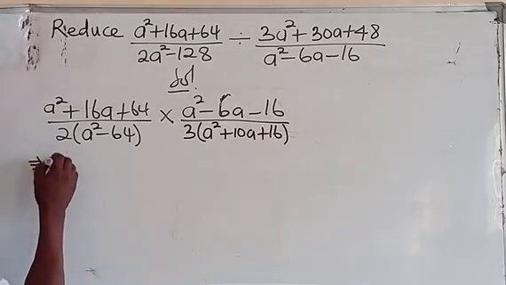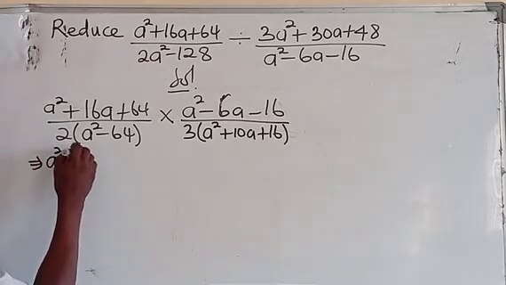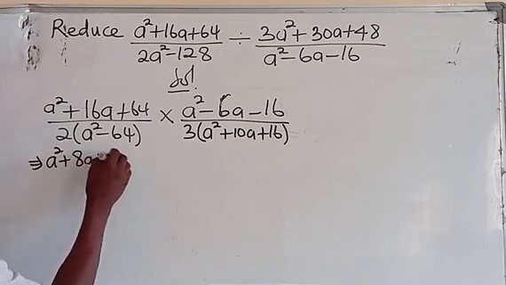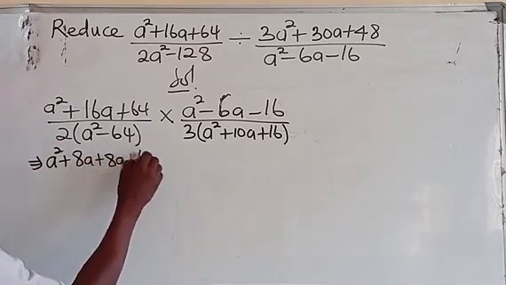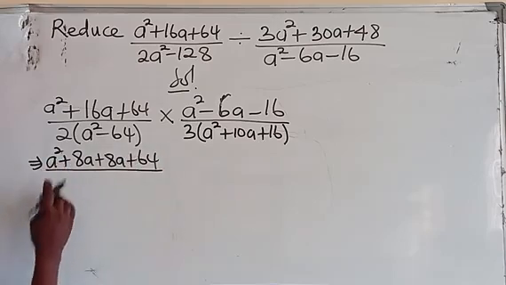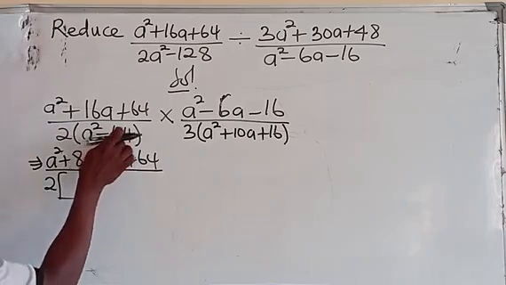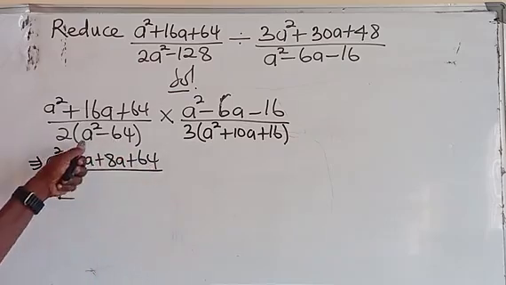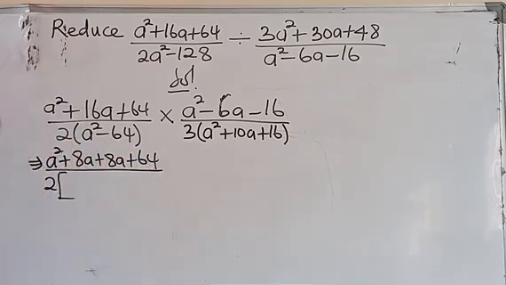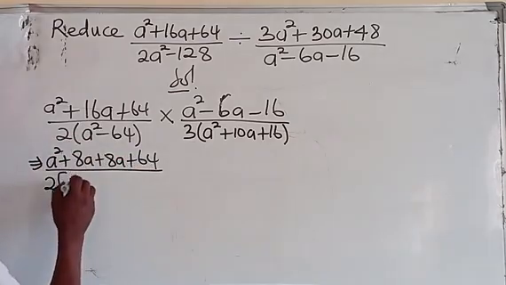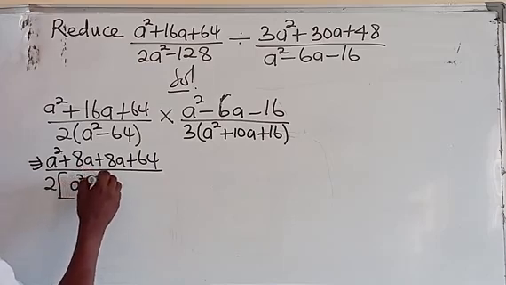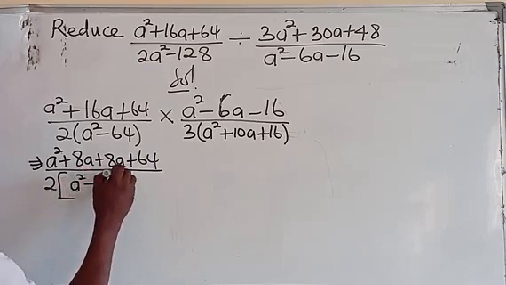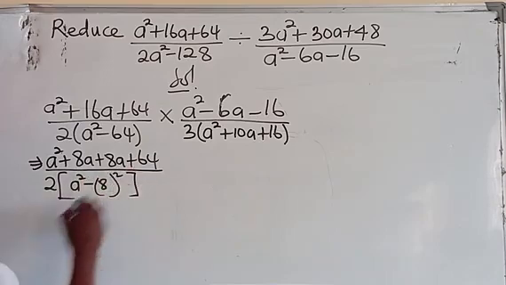So we have a squared plus 8a plus 8a plus 64 over 2. Now, this is a difference of two squares. 64 is a perfect square, and a squared is also a perfect square. So this can be written as a squared minus 8, like this, all squared.